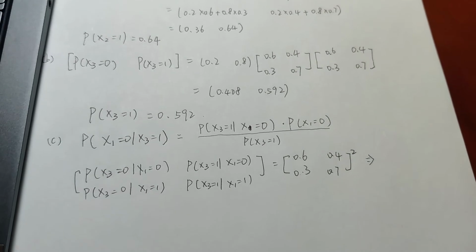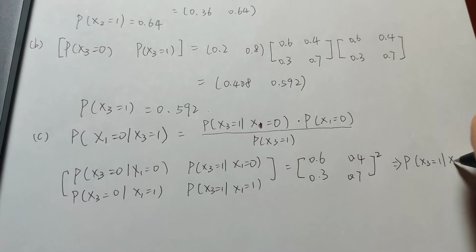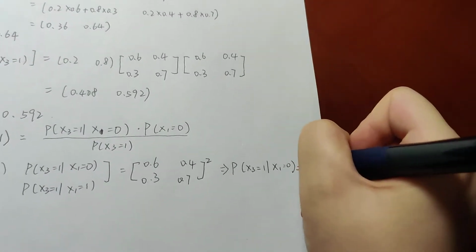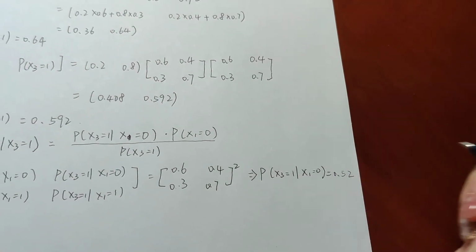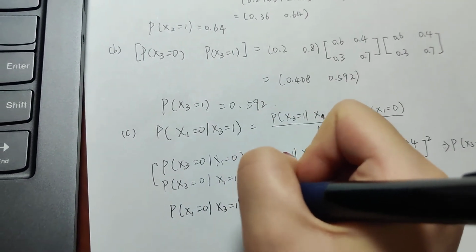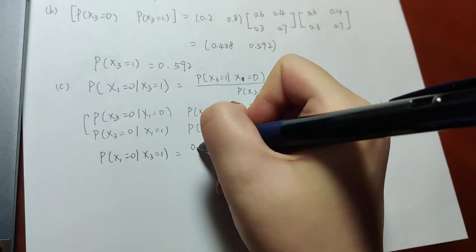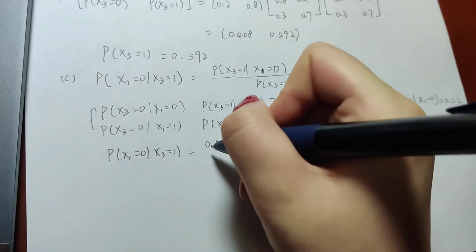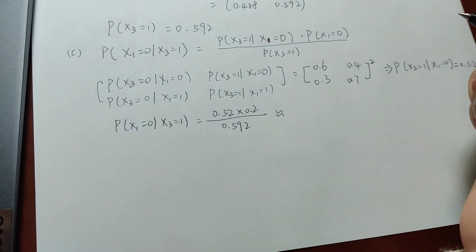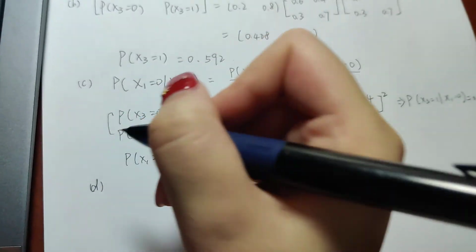So we can calculate that when x1 equals 0, the probability of x3 equals 1 equals 0.52. So we can calculate this probability. The probability equals 0.52 multiplied by 0.2, divided by 0.592, which approximately equals 0.176.